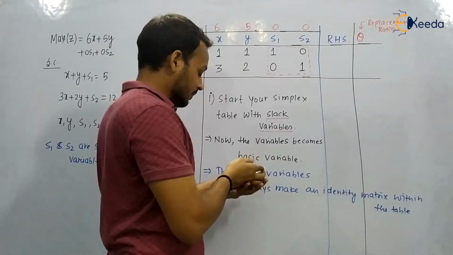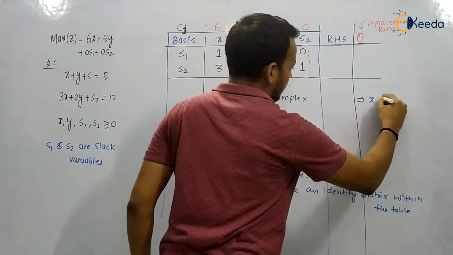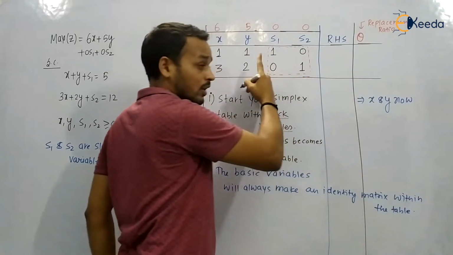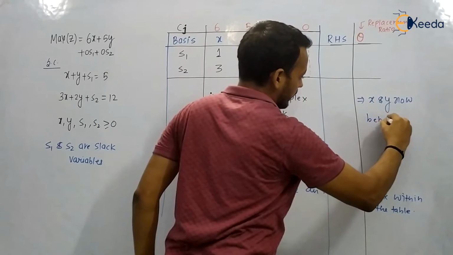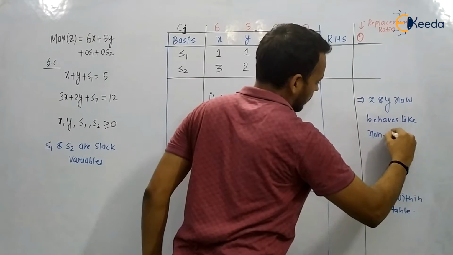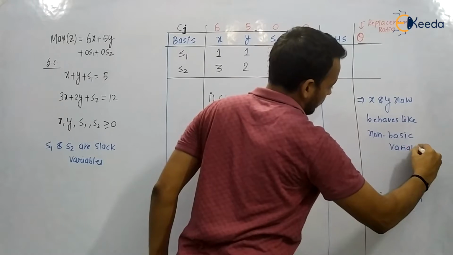For the first iteration, x and y behave like non-basic variables.